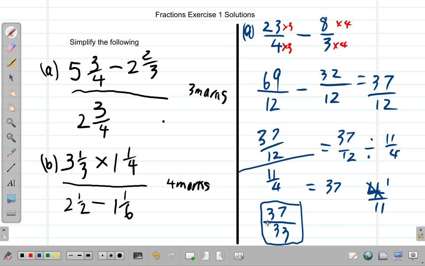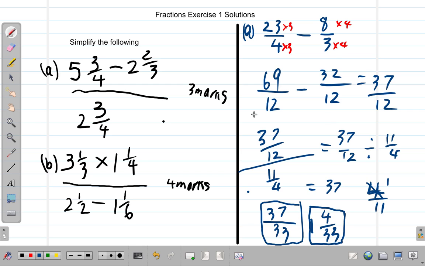There is 1 33 and the remainder of 4. So it's 1 and 4/33. So it's 37/33, which is 1 and 4/33. Same thing. So that's for part A.